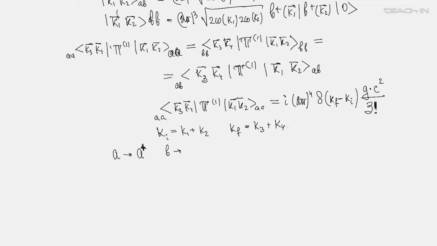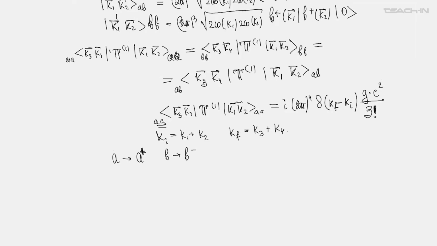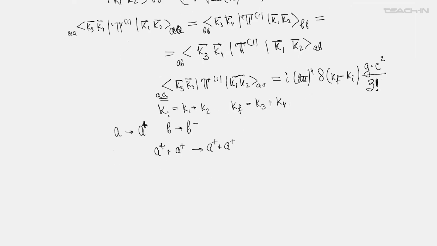Then you see that the reactions for which we have non-trivial channels are the following. So particle plus particle goes to particle plus particle. So charge is conserved. Positive charge plus positive charge goes to positive plus positive. So 2 goes to 2. 1 plus 1 goes to 1 plus 1.